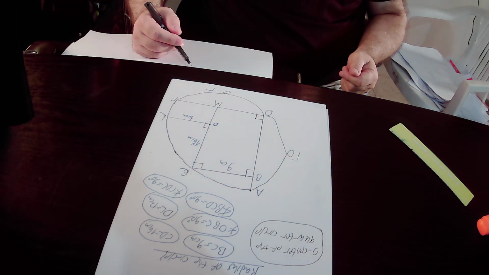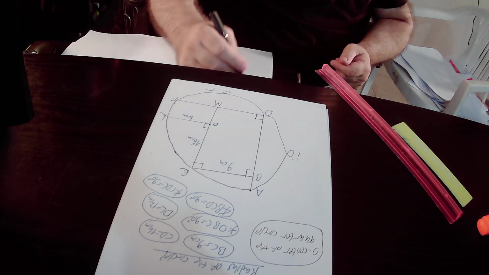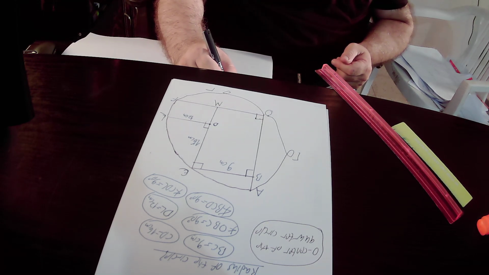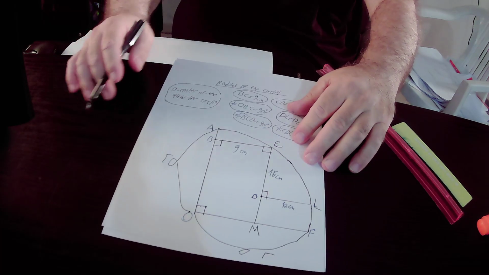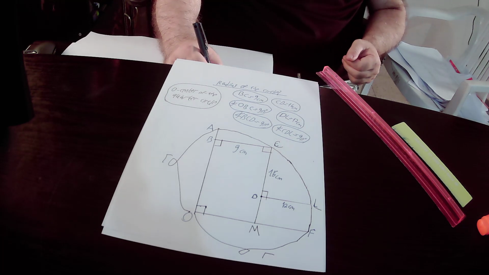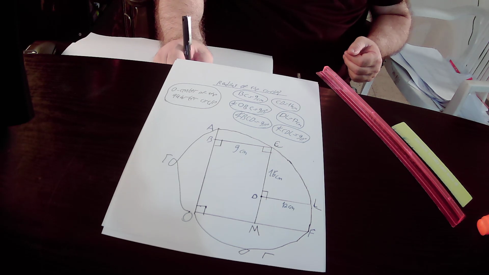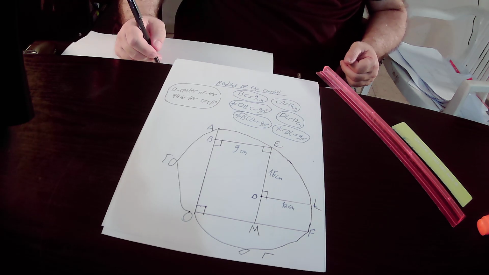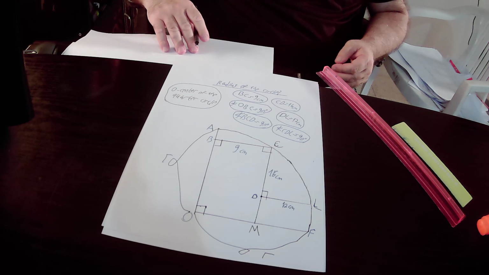The sum of three right angles is 90 times 3, which is 270 degrees, plus the size of the fourth angle, angle DMO. In total, the sum of those four angles must be equal to 360 degrees, according to the rule that the sum of the angles in any quadrilateral is 360 degrees.